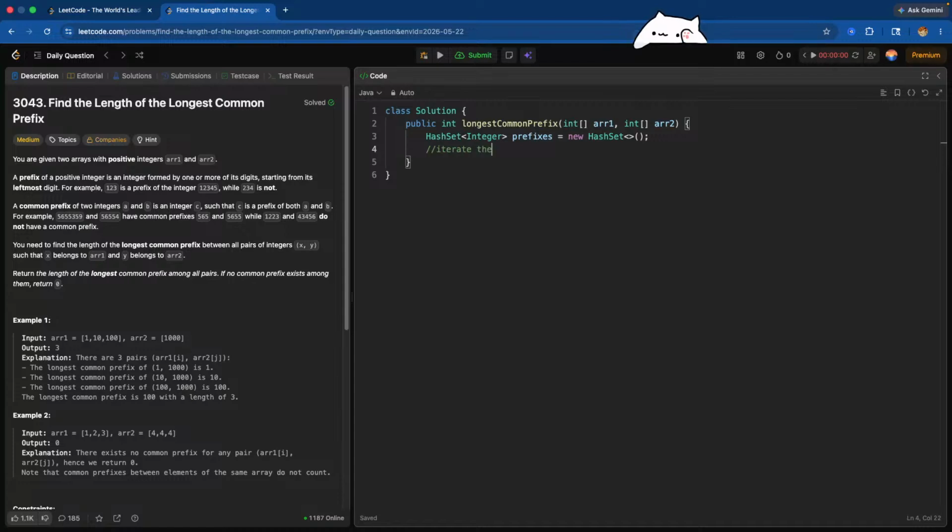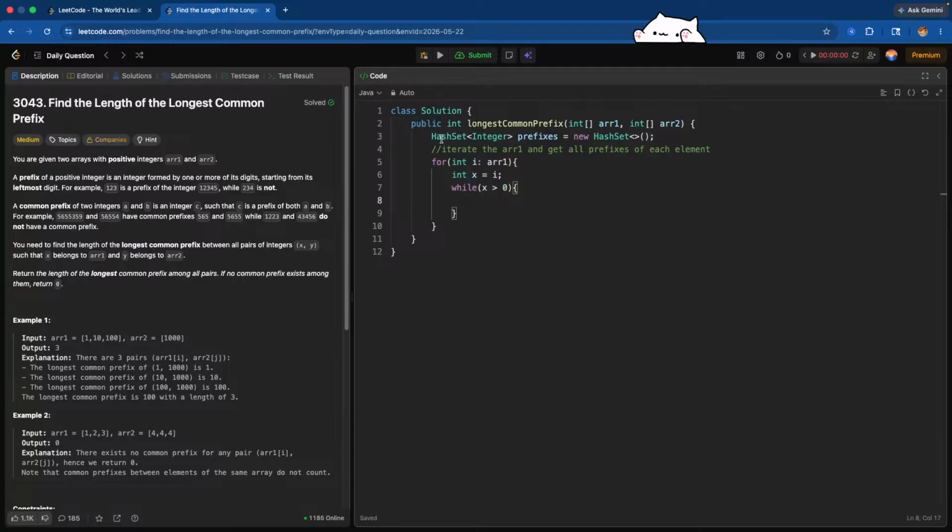Iterate arr1 and get all prefixes of each element: for each x equal to i, while x is greater than 0. We store 100, then we store 10, then we store 1.